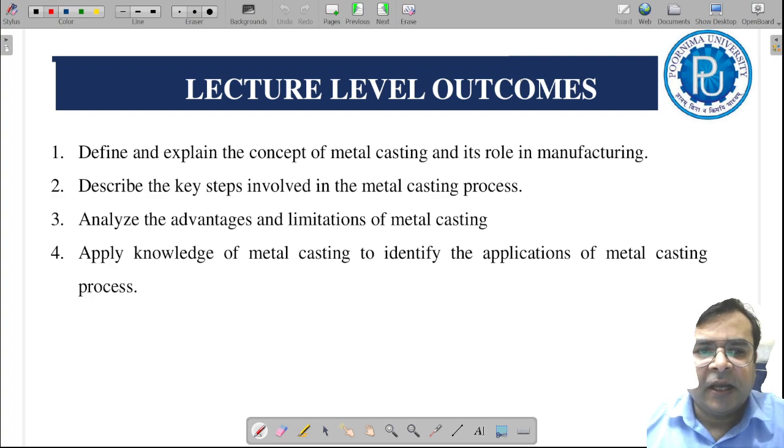And describe the key steps involved in the metal casting process, means what are the steps involved for manufacturing a component with the help of the metal casting process. And after that they are also able to analyze what are the advantages of the metal casting process, what are the limitations of the metal casting process, and what are the components that can be produced with the help of the metal casting process, that is the application of the metal casting process.